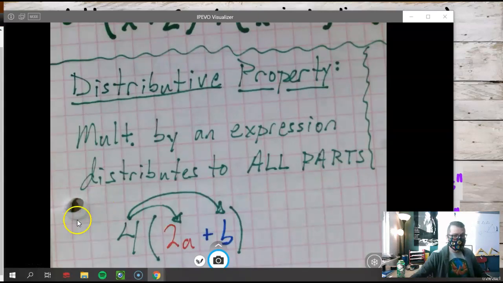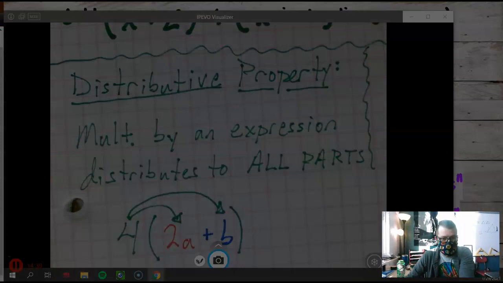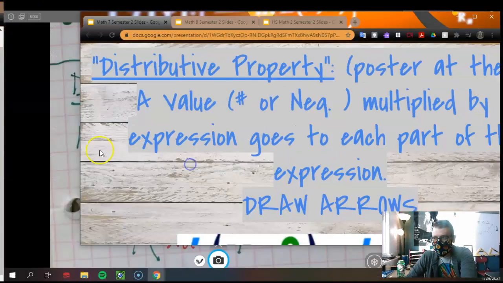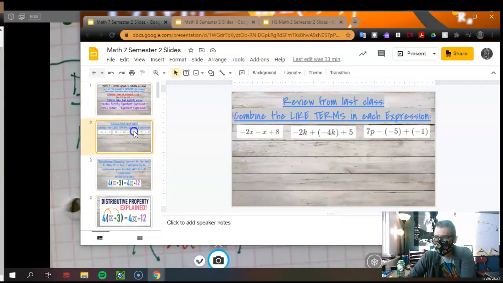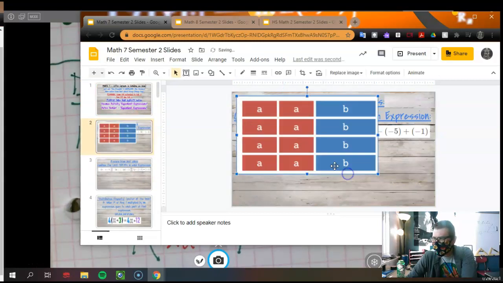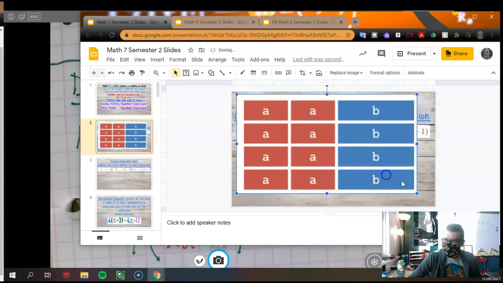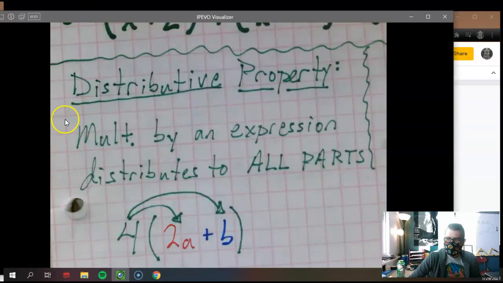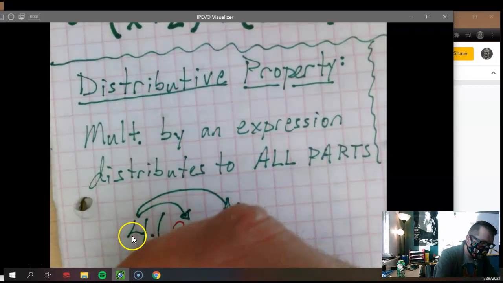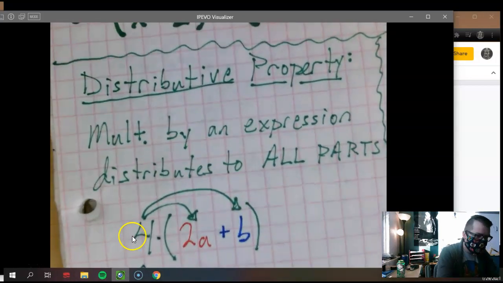So on slide 4, what we were just looking at here, I'm going to add a slide here. We could write in our notes, if we look at each row as a grouping, what's in each group? 2A plus B, right? So if we write that out, we can say we have 4 groupings of, so this is how many groups, number of groups, I'm going to write beneath there.